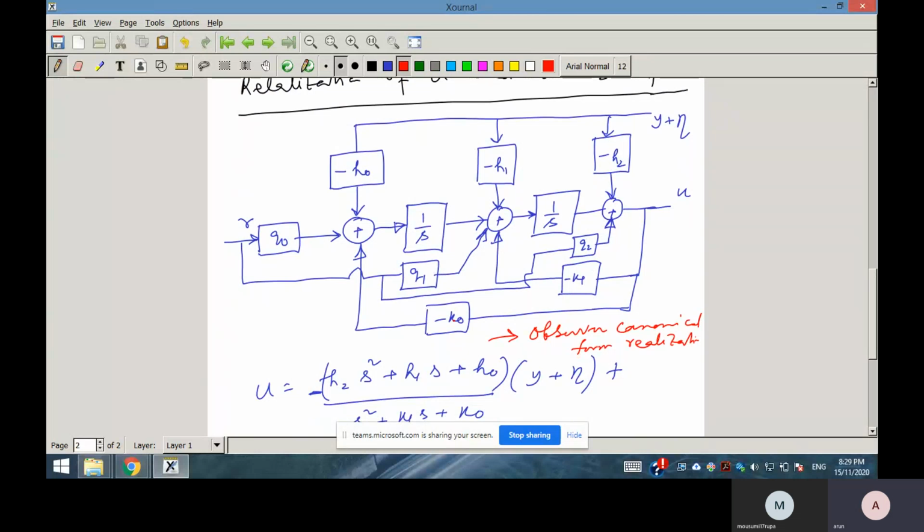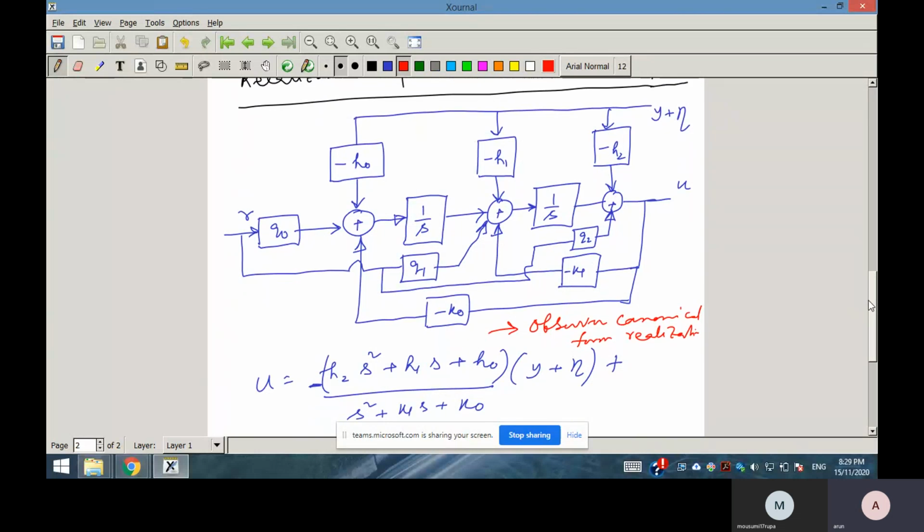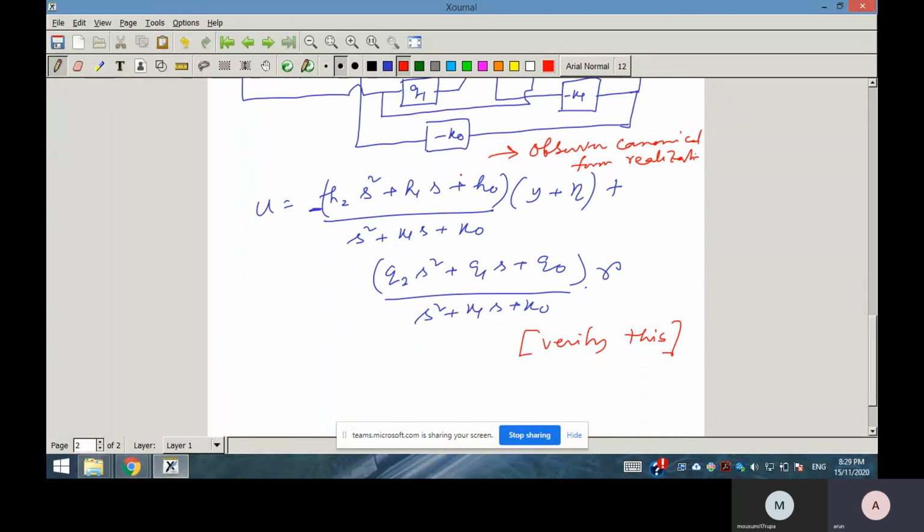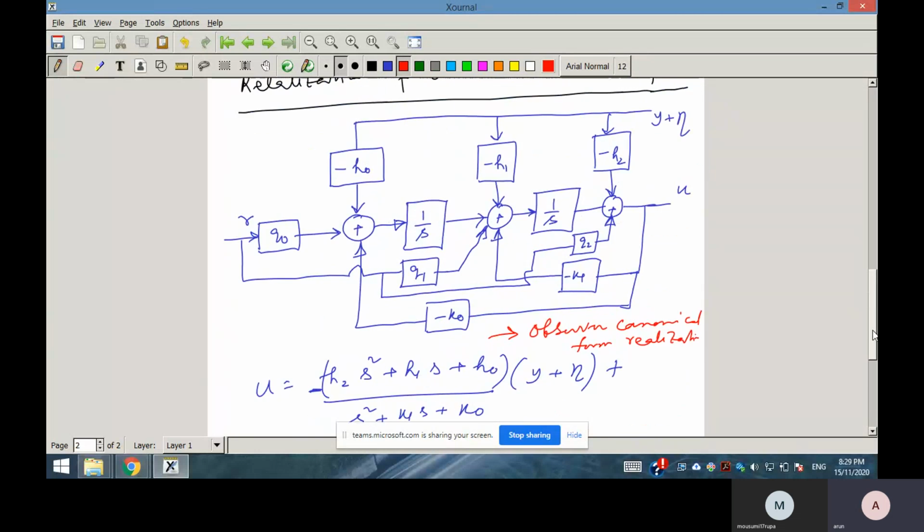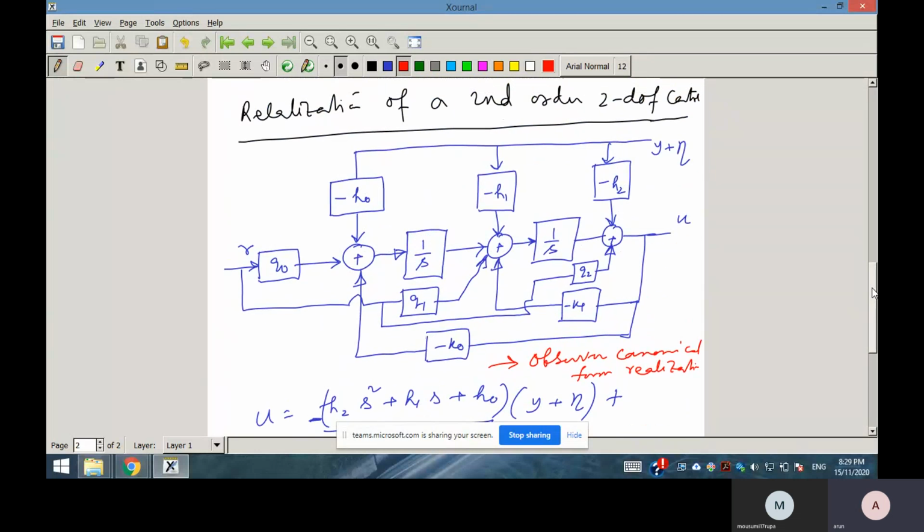Some are integrators, some are integrator and gain blocks. It is a minimal realization; you can see only two integrators are required. You may think about realizing this one and this one separately, but in that case four integrators are required. But for minimal, since the order of this system is two, you have to have a realization where only two integrators are needed. So this is such a realization.